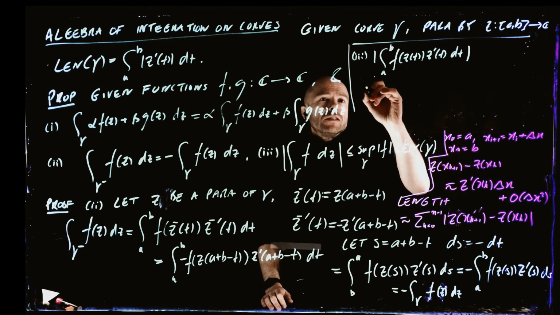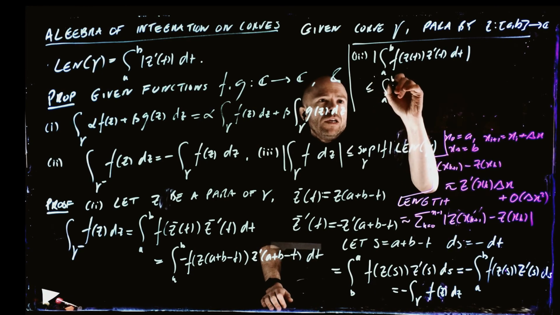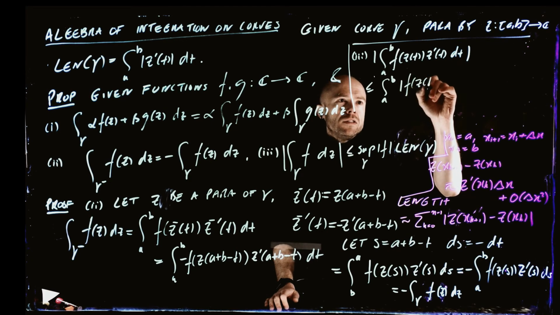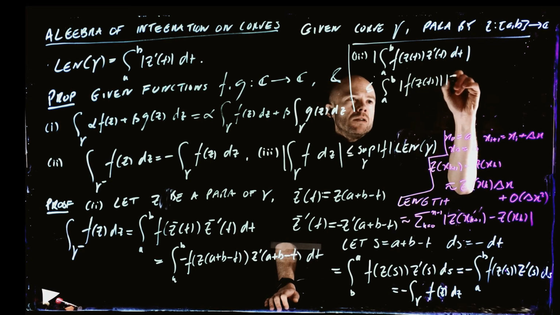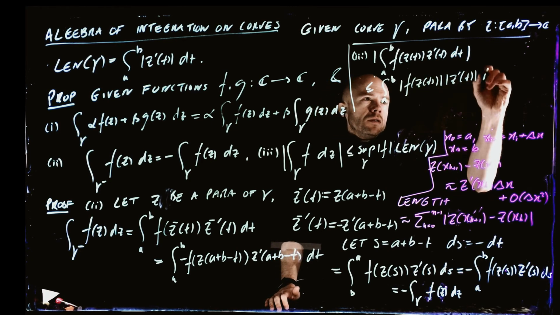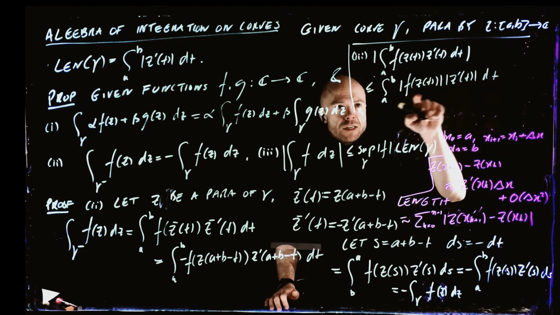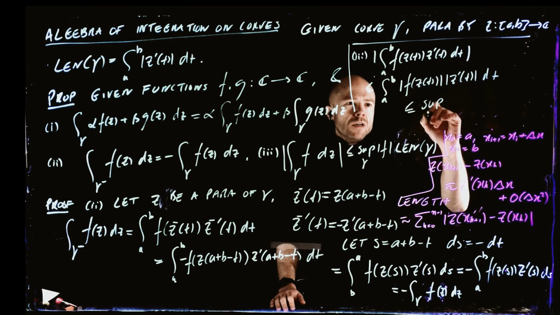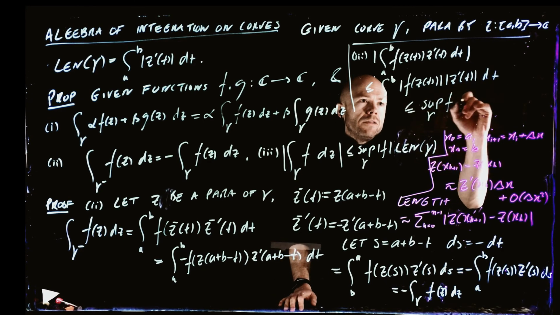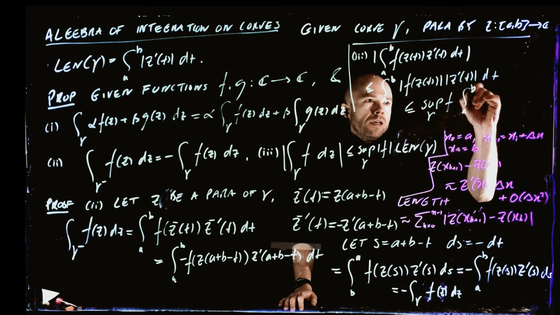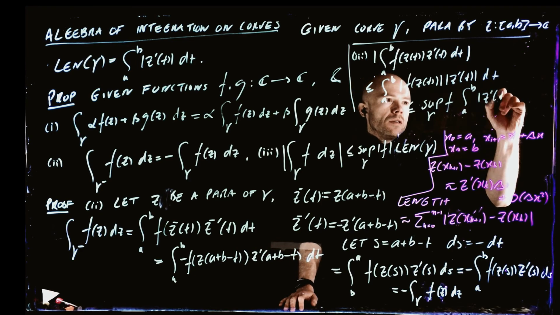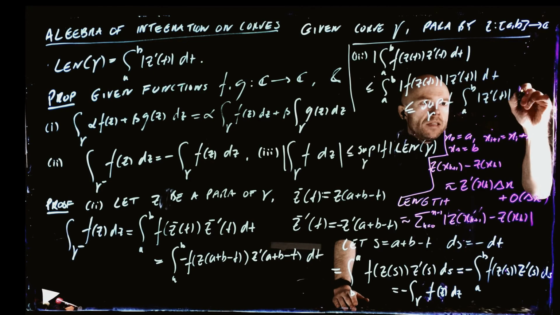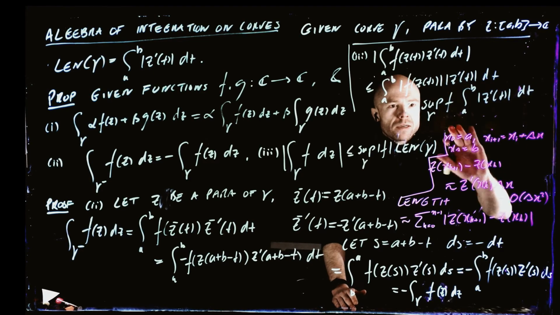And then this thing is less than or equal to the integral from a to b of the absolute value of f of z of t, z prime of t dt, and then this thing is less than its supremum over the curve. So this is less than the supremum over the curve of f, times the integral from a to b of the absolute value of z prime of t dt, and we've just recapped that this thing is the correct formula for the length.